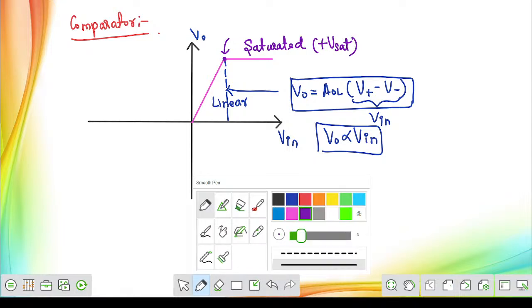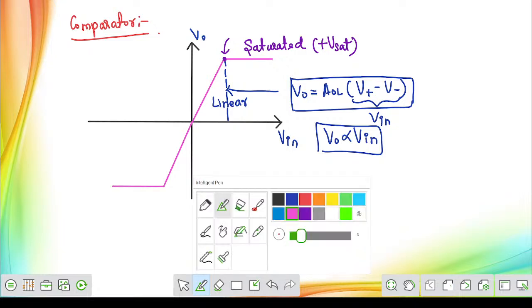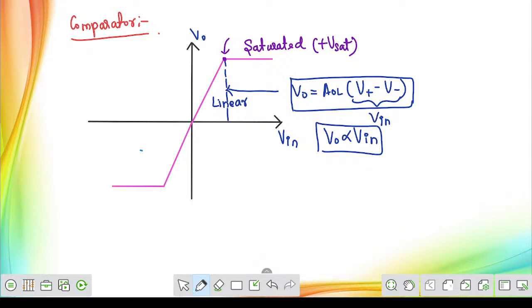Similarly, you can perform the same thing on the negative side. Here also it gets saturated, and on the negative side it has a linear relation up to a certain point. This zone is the linear zone. If the value of V plus is greater than V minus, then the resultant output voltage is positive, and you will be lying in the first quadrant.